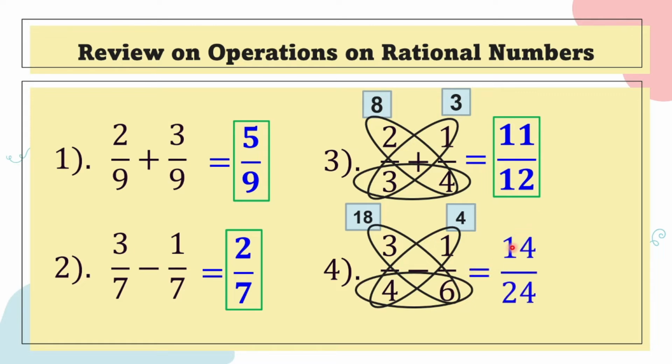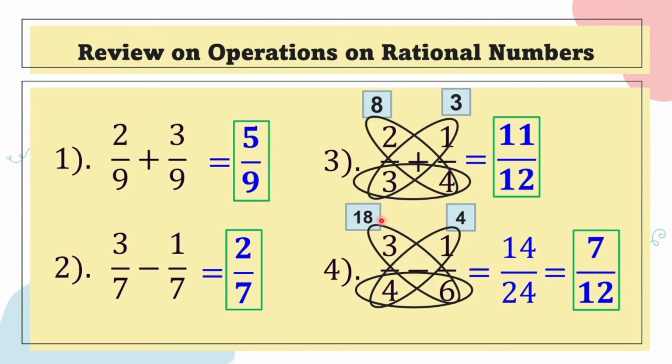Okay, so the answer is 14 over 24. So as you can see, we can simplify this fraction by dividing the numerator and denominator by 2. So kung i-divide natin itong 14 ng 2, makukuha natin ang 7. And also, with the denominator, 24 divided by 2, that is 12. So the final answer is 7 over 12.